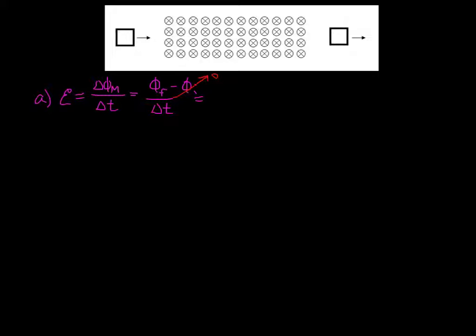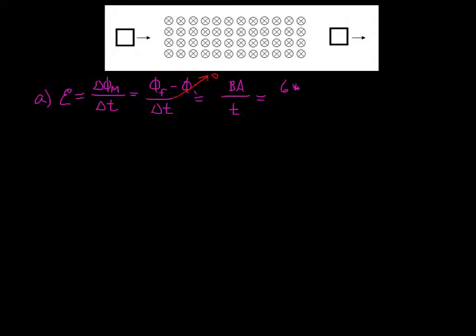So this is equal to the final flux, which is BA. We can leave off the cosine of theta since the loop is perpendicular to the field. So BA over T is equal to 6 for the magnetic field times the area of the loop.